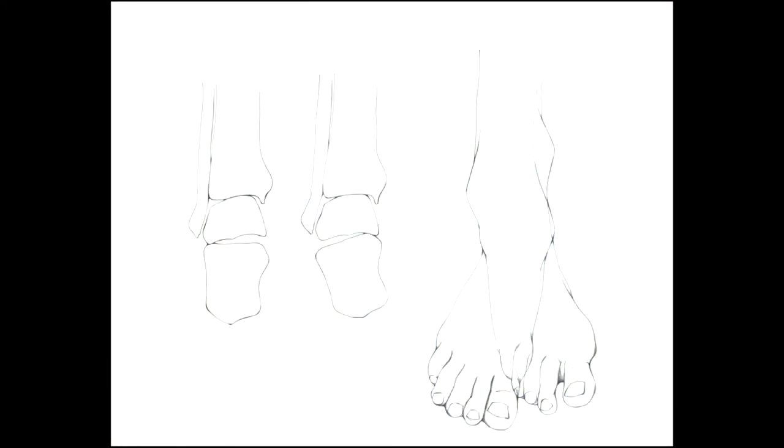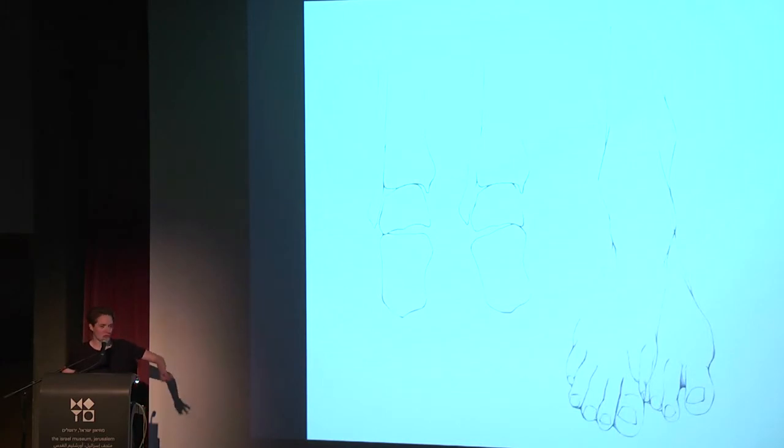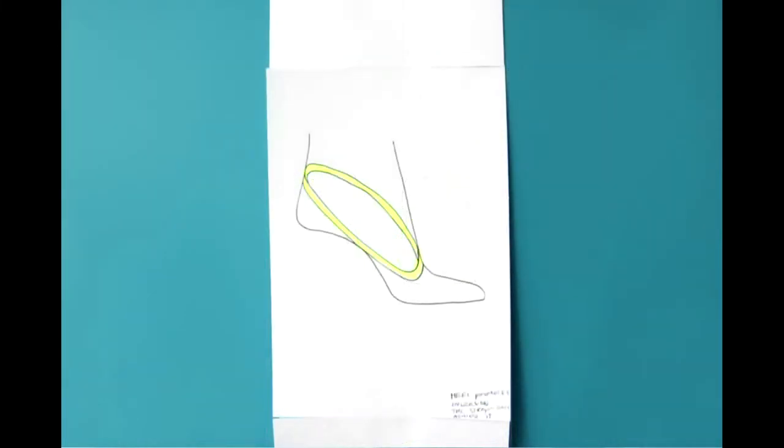And then one thing that might happen is there's eversion and inversion, so your foot also makes that movement, which, if you have a heel on the side of your foot, will happen more easily, because you have to balance better. So one thing that I thought of to prevent that is to have some kind of ring around your foot that makes sure that you can't make that movement anymore, which looks something like this.